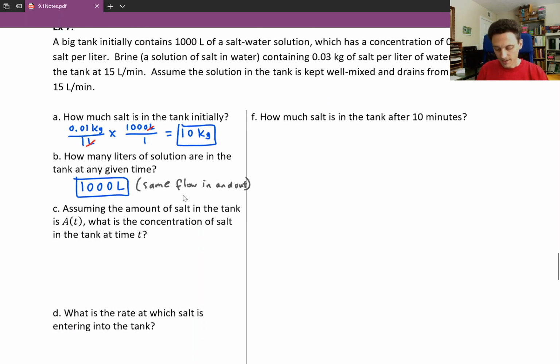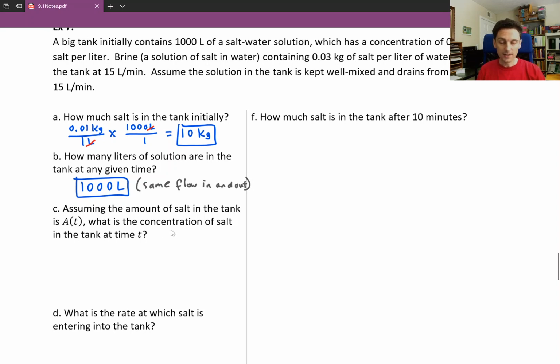Part C asks, assuming the amount of salt in the tank is A of t, so that's going to represent the number of kilograms of salt in the tank at any given time, what is the concentration of salt in the tank at time t? Okay, so here we're given the number of kilograms and we're trying to go from that into concentration.